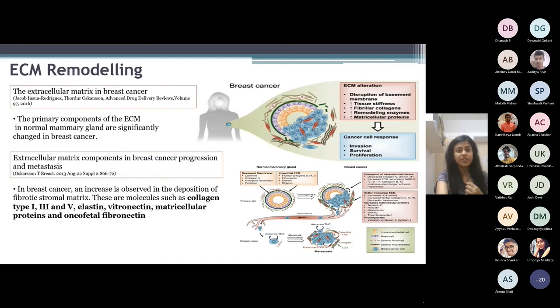From literature, we can see that there have been articles which clearly have said that primary components of ECM are significantly changed in breast cancer when compared to the normal tissues.